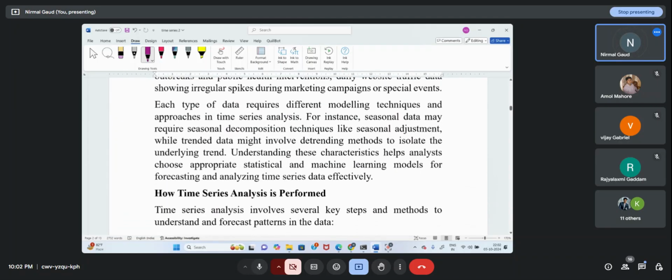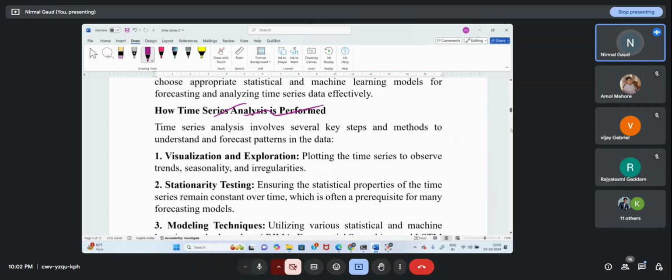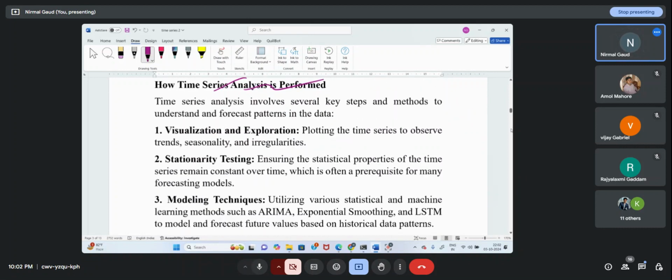So each type of data requires different modeling techniques and approaches in time series. We can have seasonal decomposition also, like seasonal adjustment. That's what we do. So, how to perform time series? That's the question. As we do in the basic projects, we perform visualization and exploration here also.